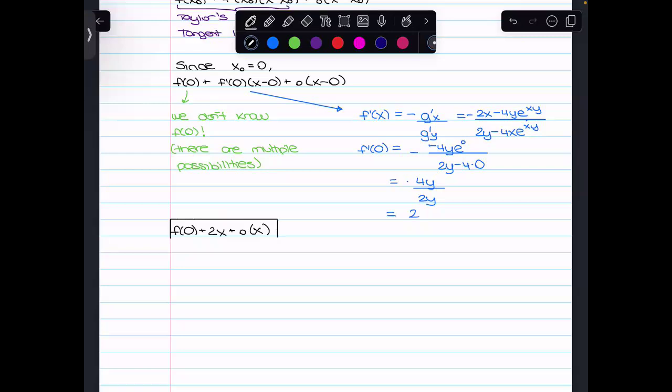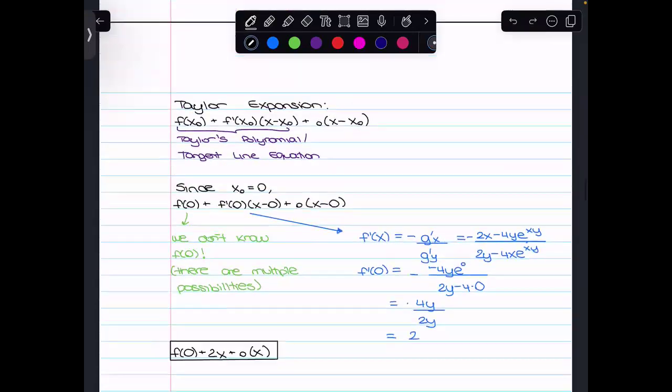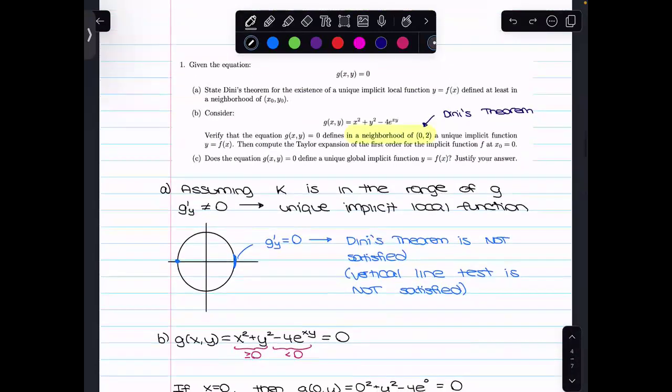So if the y part hadn't canceled, you would just leave it the way it is, so you would have something in terms of y also. Unless, of course, as I mentioned before, they had said, find the implicit function at x equals 0, and then they tell you that y is equal to 2.